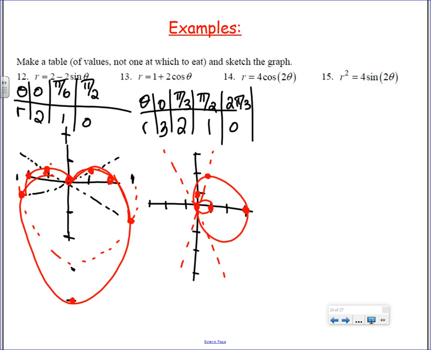Yeah? Okay. What's going to change on number 14? The maximum will be a little bit different because we're not doing the same adding or subtracting. Some of you guys are already like, it's a rose with how many petals? 4. Ooh, careful. Since it's cosine, wait a minute. 0 is fine. Why am I going to use pi over 6 instead of pi over 3 and pi over 4?